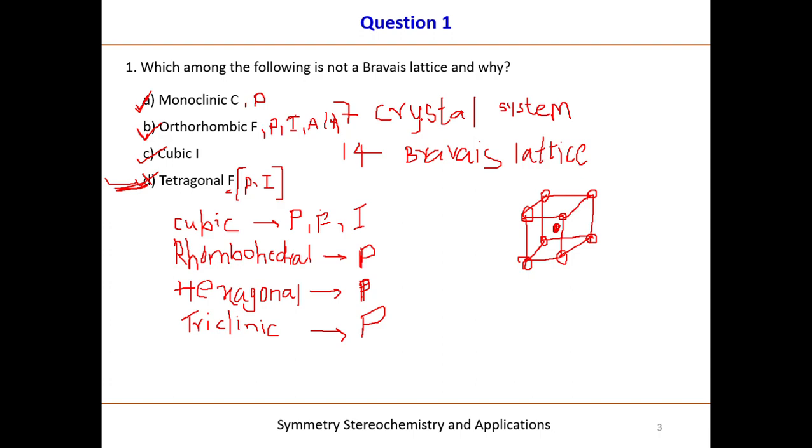In monoclinic system we have 2 Bravais lattices, that is side-centered and primitive. In orthorhombic system, we have face-centered lattice, primitive Bravais lattice, body-centered Bravais lattice, and side-centered Bravais lattice also. So here we have all types of Bravais lattice present.